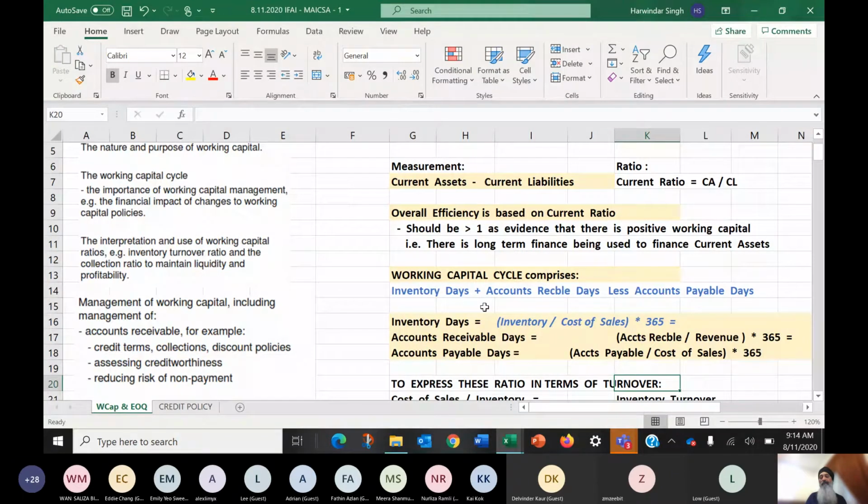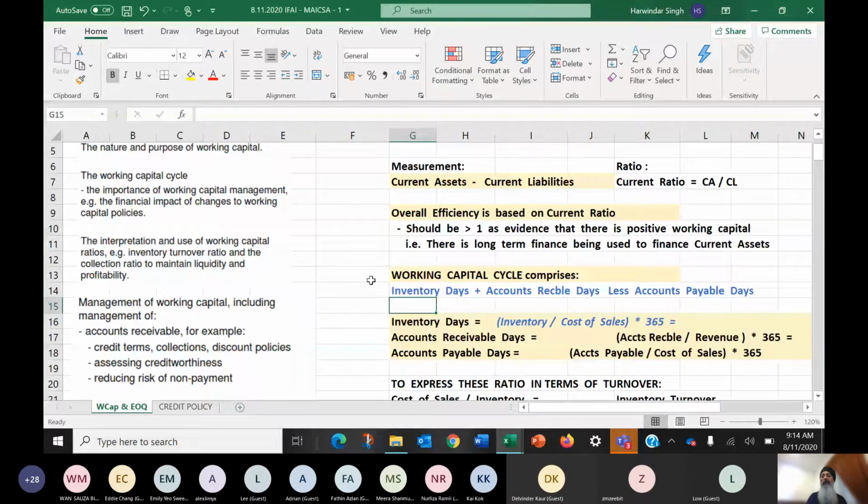You must distinguish between this word, working capital, and working capital cycle. Working capital cycle is basically a time period: inventory days plus accounts receivable days. That is our money tied down in inventories. On average, how long is our money tied down in our inventory?